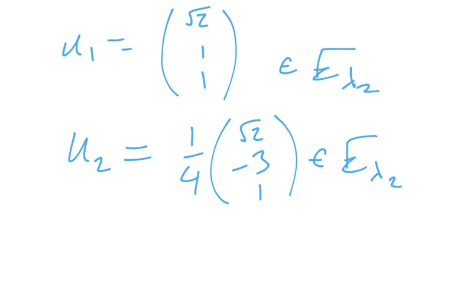And remember, this property of Gram-Schmidt says that in Gram-Schmidting things, you don't change the spans as you move through the algorithm. So the span of u1 and u2 will be the same as the span of the original two vectors, v lambda 2 and w lambda 2, I think I called them.